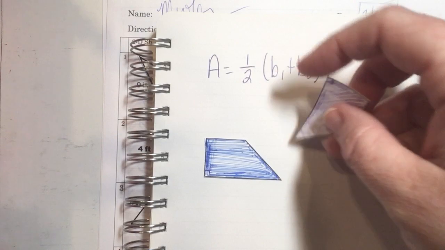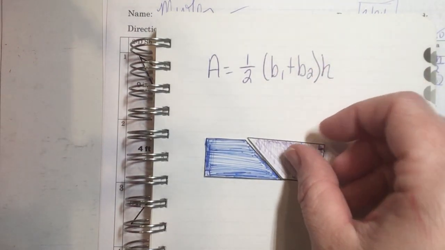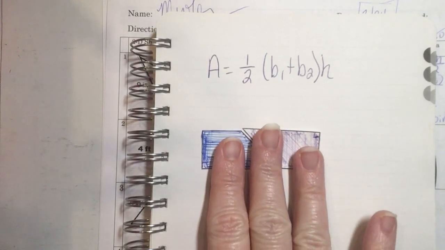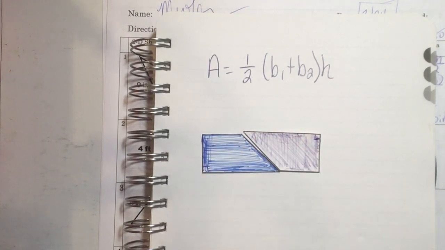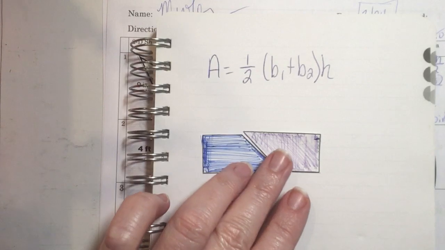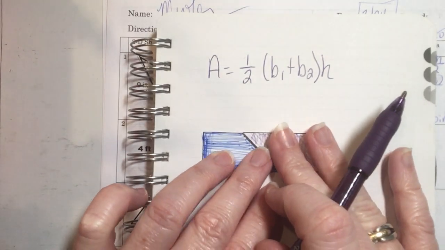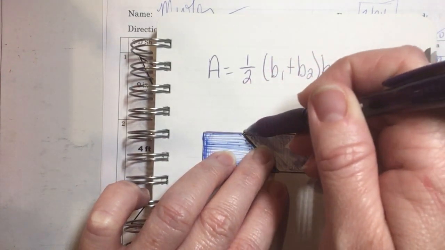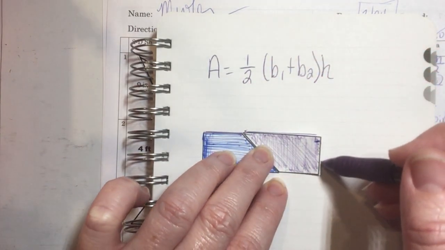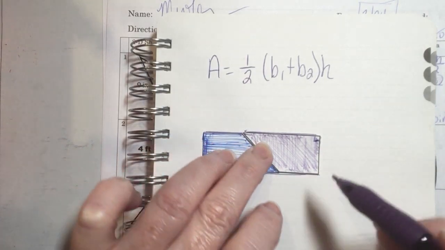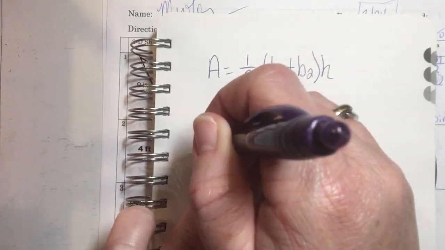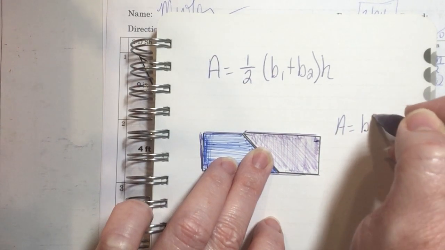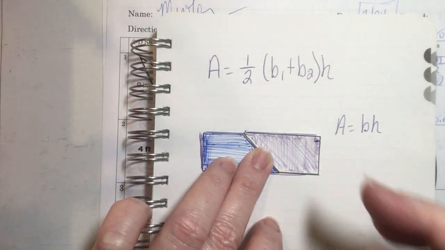If I turn the trapezoid this way, you can see that that makes a rectangle, right? So I'm going to do my best to hold this straight and draw the rectangle. That's the rectangle. And we all know how to find the area of the rectangle. We say base times height, right?